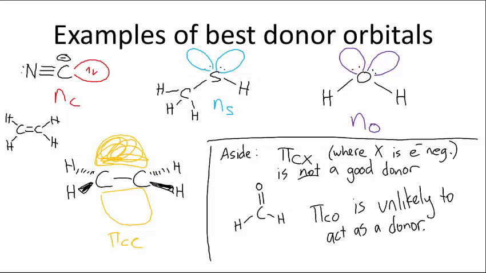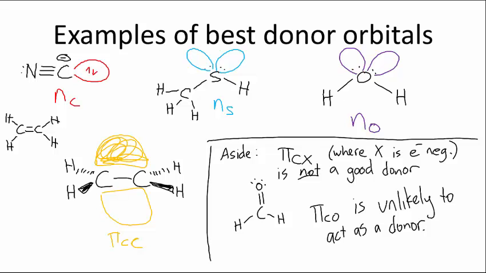Not to say it never will, but it usually won't. And part of the reason for that is pretty clear. When I have a molecule that has a pi CO orbital, what other orbital that's a better donor does it also have? It has oxygen lone pairs.